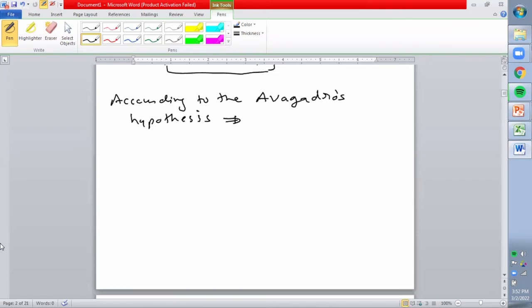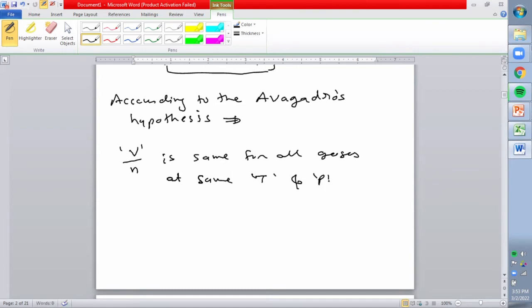So according to Avogadro's principle, this ratio V by n is the same for all gases at the same pressure and temperature, yes or no? Yes, sir.